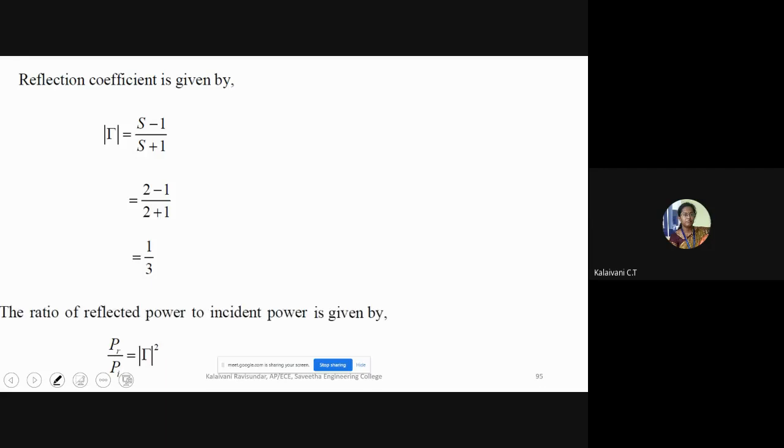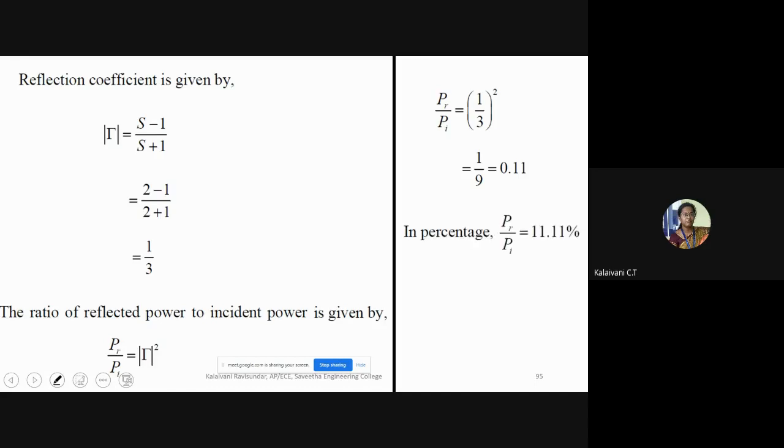The ratio of reflected power to incident power, PR by PI, is equal to the modulus of the reflection coefficient squared, which is 1 by 9, that is 0.11. So the percentage is 11.11 percent.